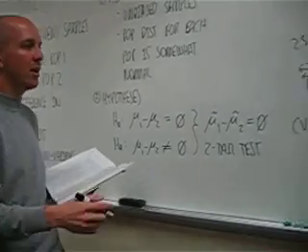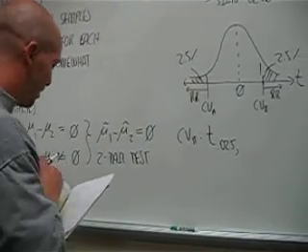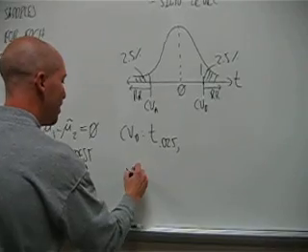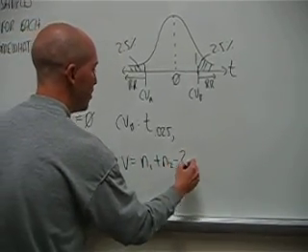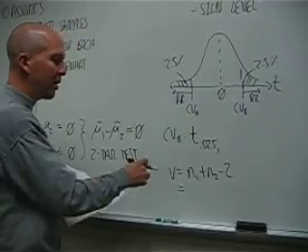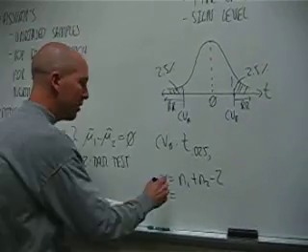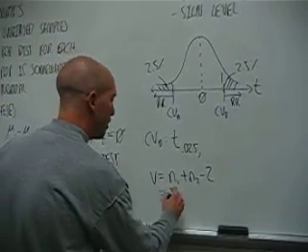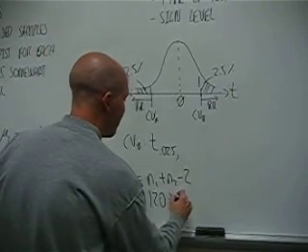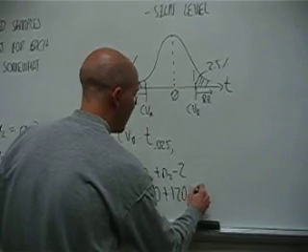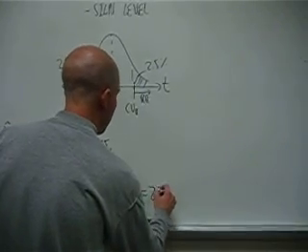In this case, the degrees of freedom, v, is equal to n1 plus n2 minus 2. N1, from the appendix, is 120, the sample size of the first sample. The sample size of the second sample is also 120. Then minus 2 gives me 238.